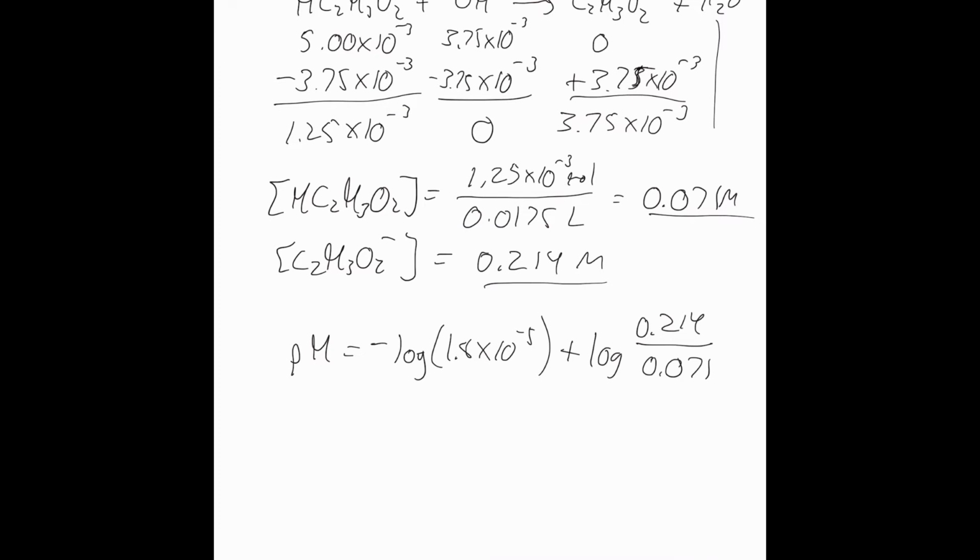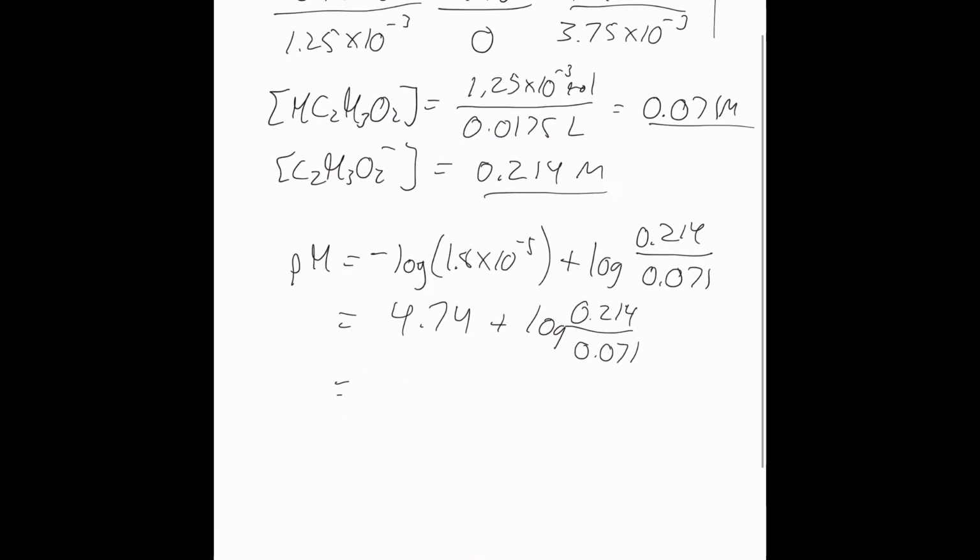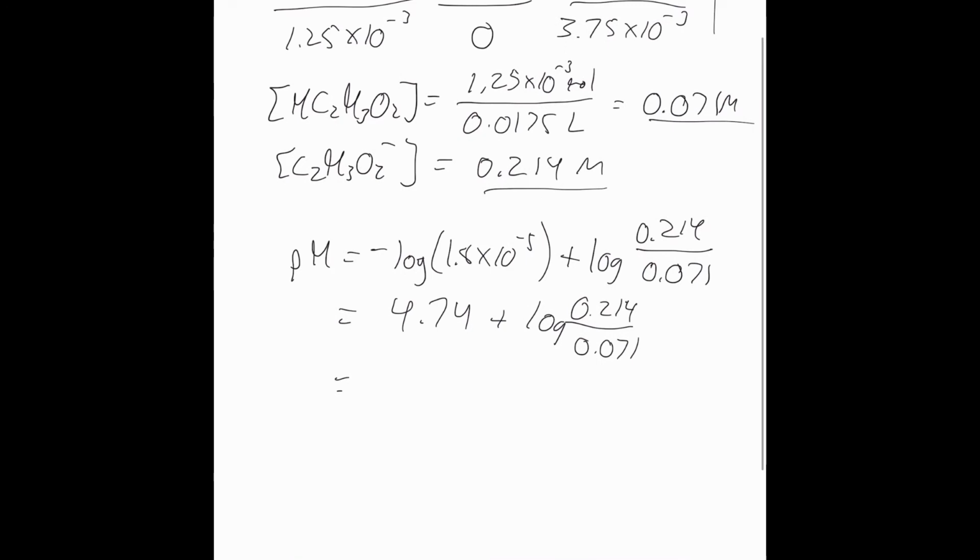Just to let you know, that pKa is 4.74, and then plus the log, I'm not going to solve this individually, of 0.214 over 0.071, it's actually the log of 3, which would be, finally, for our pH, 5.21.